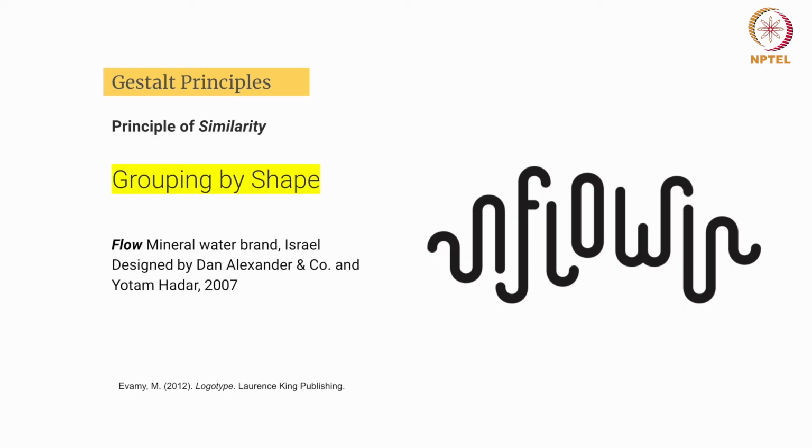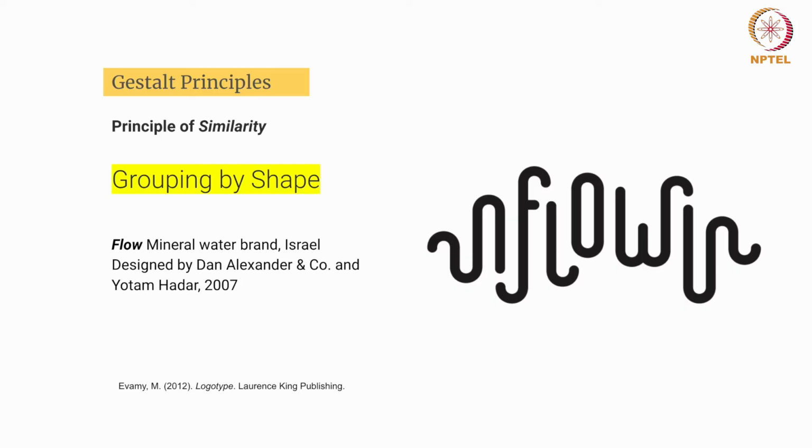You can see here how the soft strokes have been used to create an essence of water, and this has been continued till the edge of this logo. Because of this similar representation of shape, you tend to take this logo as a whole. Sometimes we say the logo doesn't seem balanced, that it seems odd, some elements are not connecting.